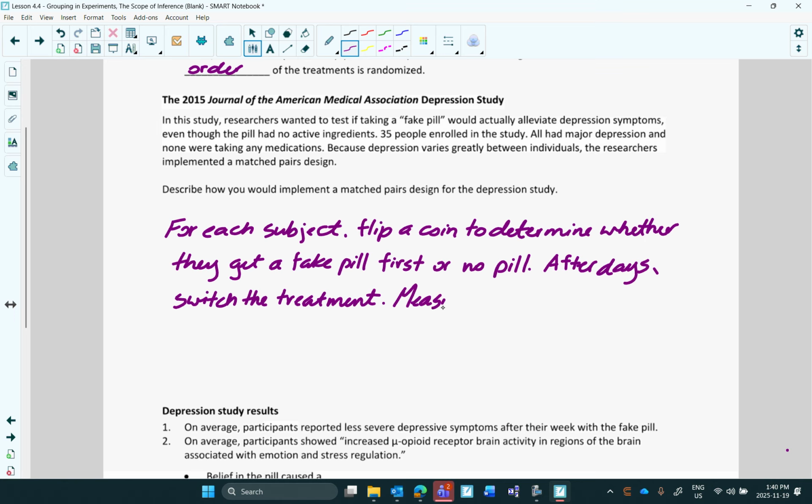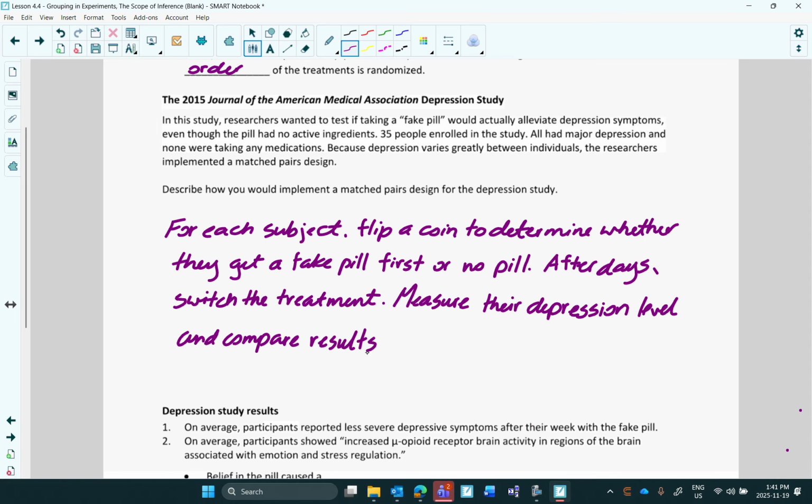Measure their depression using some instruments, questionnaire, MRI, measure their depression level. And compare results, individually, for each individual and as a whole. Okay.